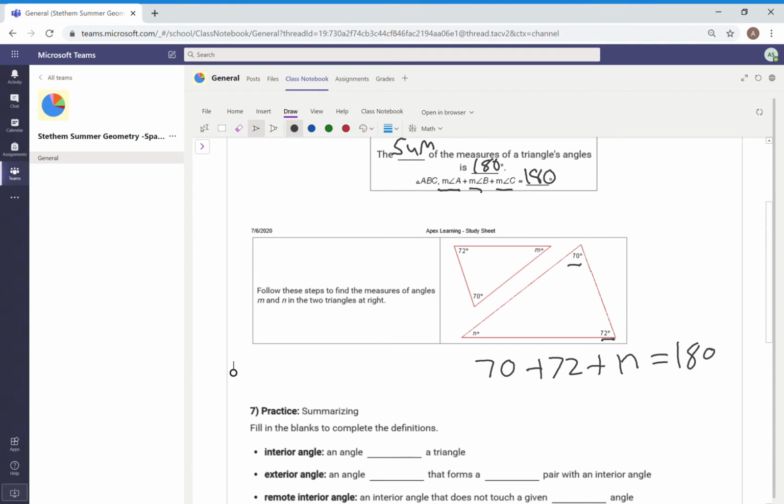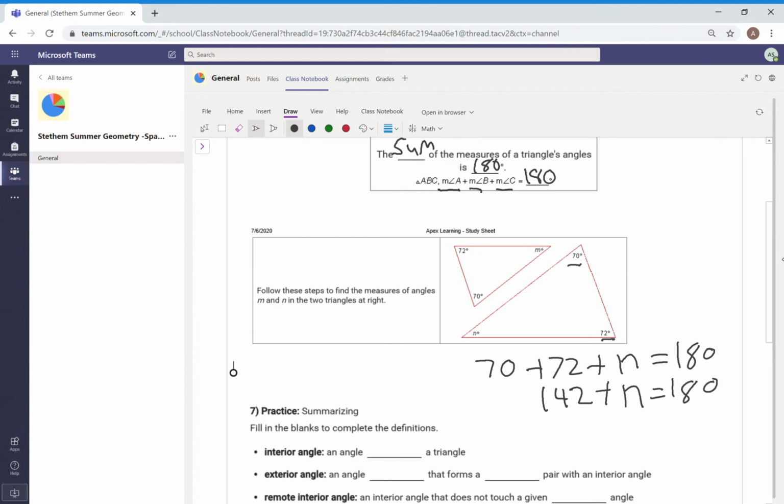Okay? There's different ways you could solve it. Some people like to add them right away. I'm just going to go through step by step in this case. I'm going to add these together. I get 142 plus my N is equal to 180.